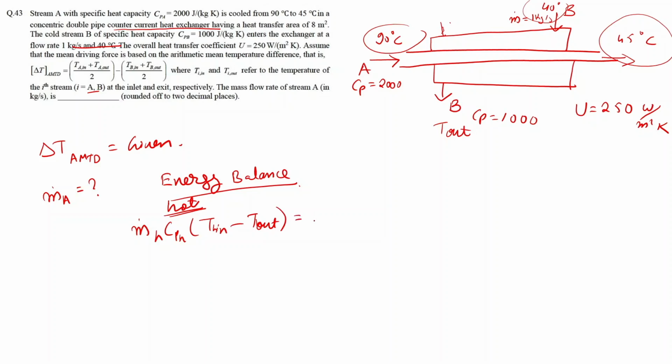Similarly, for the cold fluid, we can write it as m dot c Cpc into Tc out minus Tc in, and this will be equal to the heat exchange across the heat exchanger. So it will be UA. Now we will be using arithmetic mean temperature difference over here.